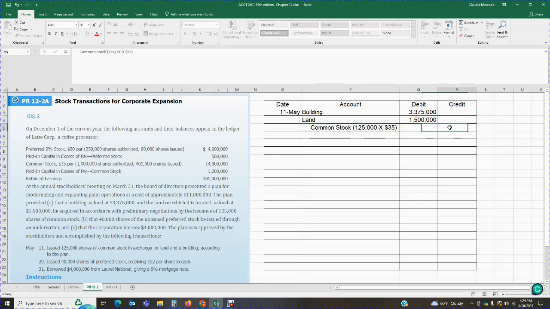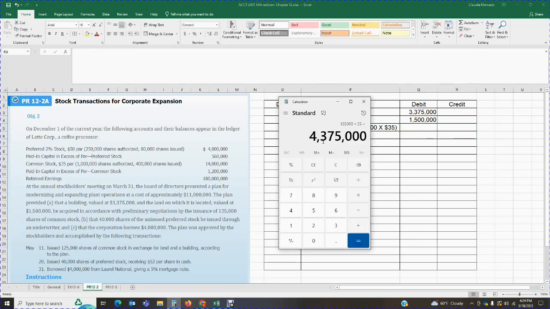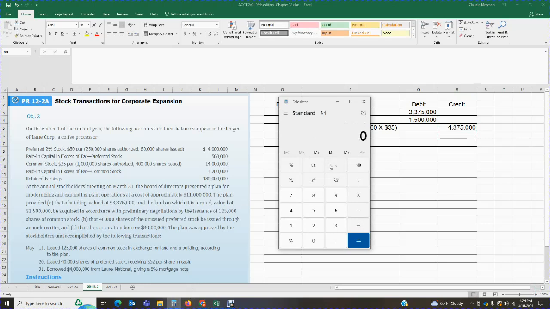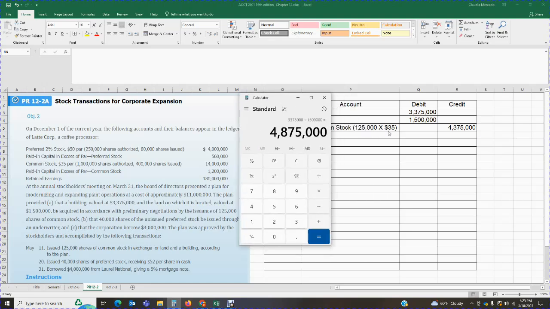Okay, and based on our calculations, that gives me $4,375,000. Now, if we add the $3,375,000 and the $1.5 million for the land, that gives me $4,875,000. Okay, so if we add the land and the building, they're valued at $4,875,000, and we're only giving them 125,000 shares at $35 a share, which, if we subtract that, means I'm short $500,000.